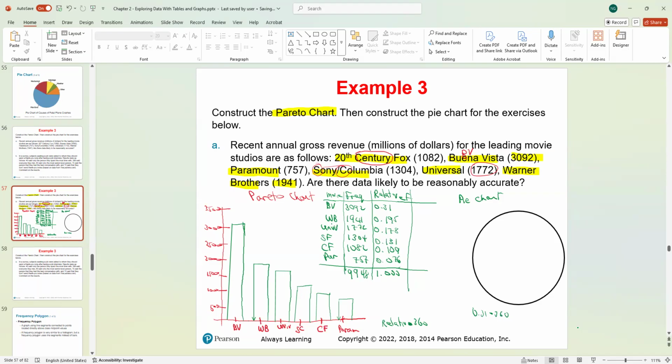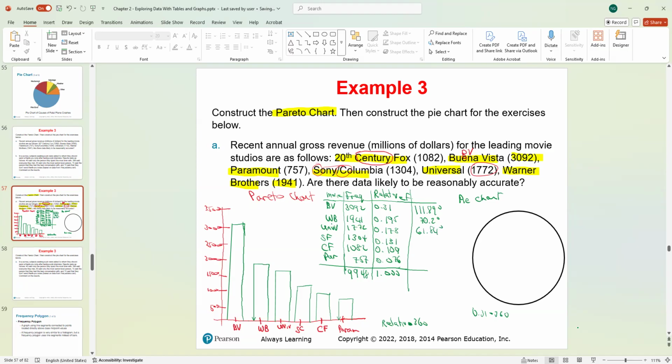When we do the first one, it gives us 111.89 degrees. I'm going to do the same for the other one, 0.195 times 360 gives us 70.2 degrees. Then 0.178 times 360 is 61.84 degrees.